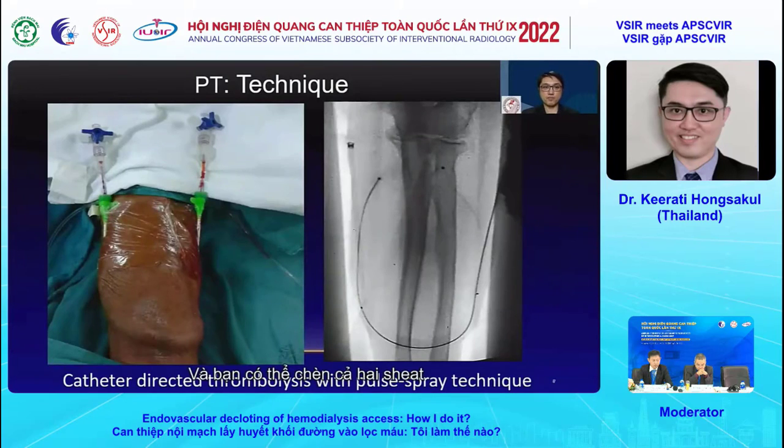You can insert both sheaths into the arterial and the venous limb of the graft, and also use the infusion catheter placed along the graft inside, the kiss-cut technique, and use the pulse spray technique for lysis of the clot.